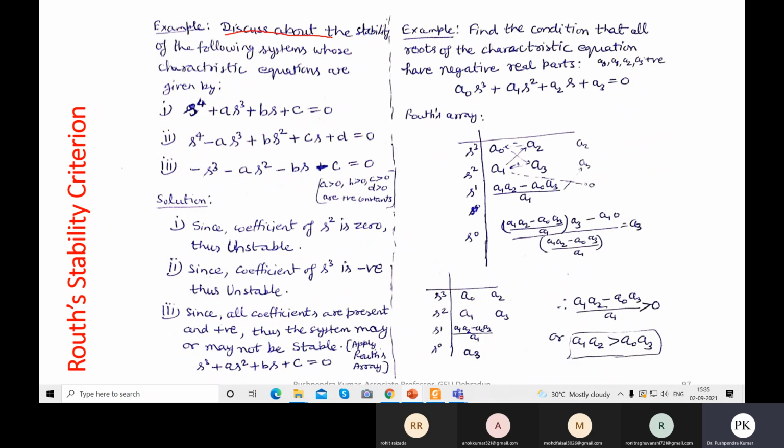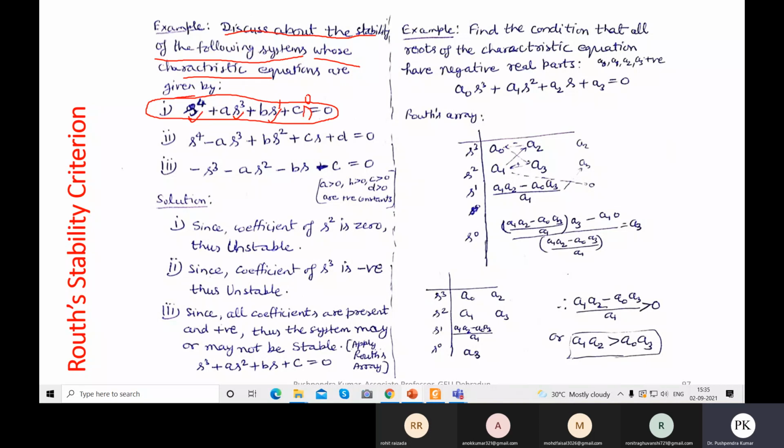So first example: discuss the stability of the following system whose characteristic equations are given here. The first is a fourth order equation and you have to tell whether the system is stable or not. Here you see s to the power 4, s to the power 3, s to the power 1, and s to the power 0.